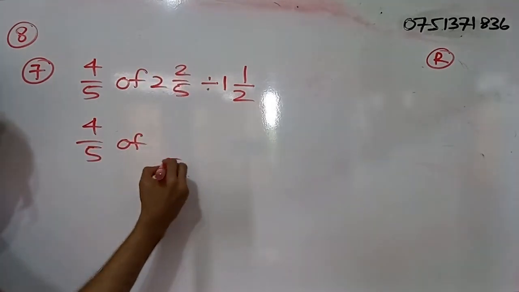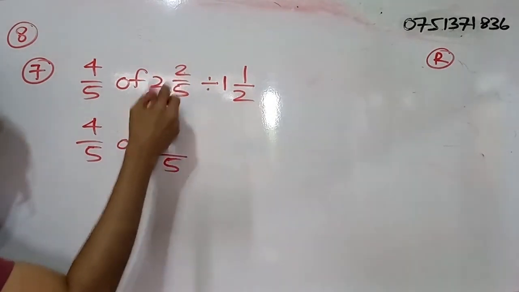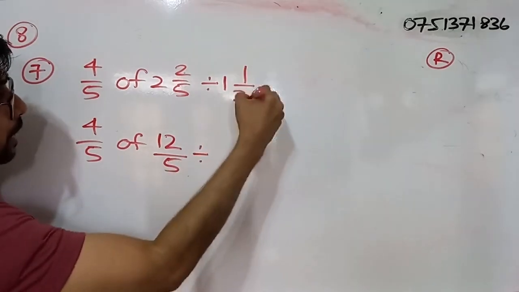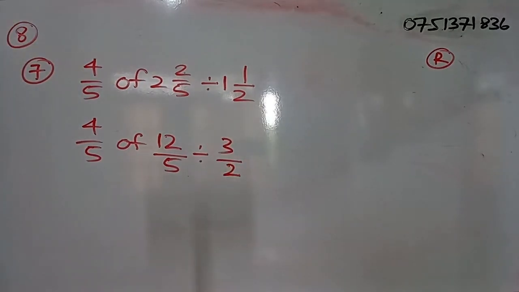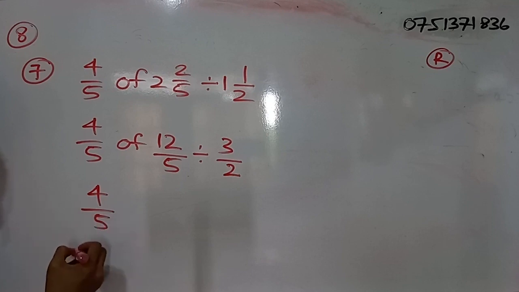So first of all we have to simplify this now. So 4 by 5 of what will be this? So the denominator is 5, what is the numerator? 5 times 2, that is 10, add the 2. This becomes 12 divide by what? Same thing here, the denominator is 2, what will be the numerator? 3. Right, so 4 by 4. Now we have to follow the BODMAS rule.